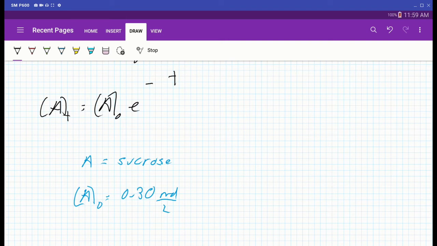Sorry, so we were there with kt. We don't have k, but we have a relationship that relates k with the half-life. Since this is a first order reaction, we know that t1/2 is equal to natural log of 2 over k, and that's equal to 8.4 hours.